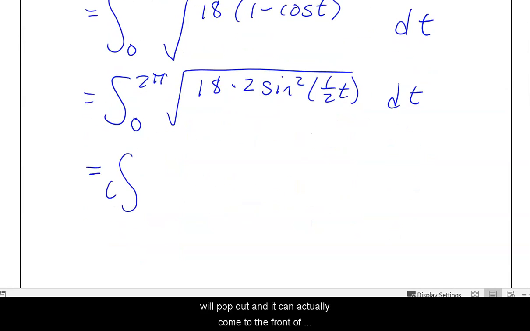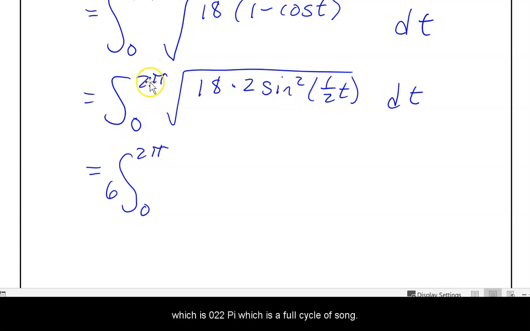So the 6 will pop out, and it can actually come to the front of the integral. And then I need to take the square root of sine squared. Now, you've got to be careful here, and this could have caused another problem. When you remove sine squared, you've got to think about the integral over which you're integrating, which is 0 to 2 pi, which is a full cycle of sine.